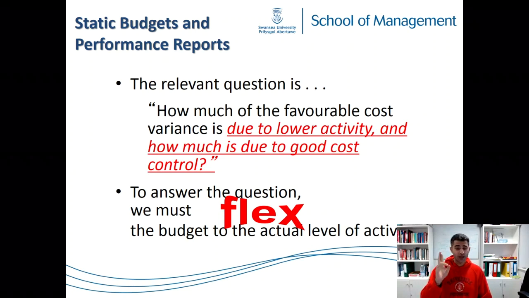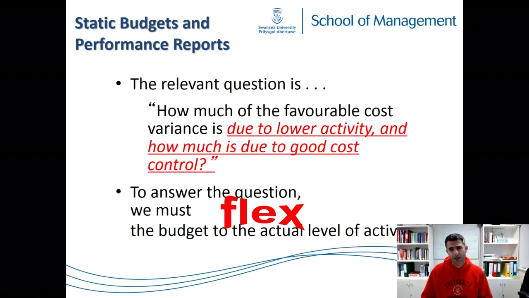Can you see? So in order to answer this, what you need to do is flex the budget to the actual level of activities. This is our job for the next 10 minutes or so.